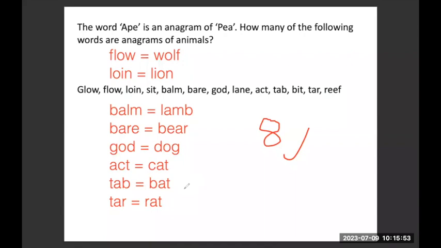I don't know, but it won't convert, the anagram of reef won't be an animal. Okay. And glow also no. Which one? Glow, the first one. Glow we checked, no? We checked glow initially only. The anagram of glow won't come. Neither glow nor reef will give an anagram. Okay. Thank you. Any doubts? Any questions?